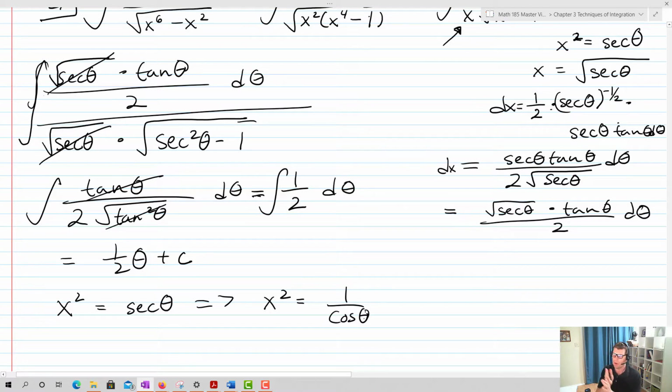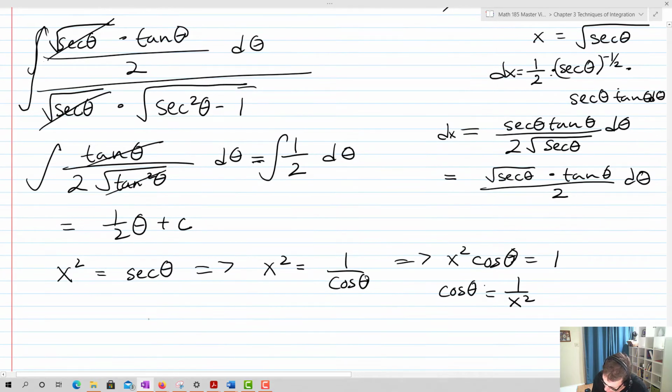We're generally going to go with cosine inverse, tangent inverse, or sine inverse. So this gives me x squared cosine theta equals 1, and so cosine theta equals 1 over x squared. And so theta will equal cosine inverse of 1 over x squared.